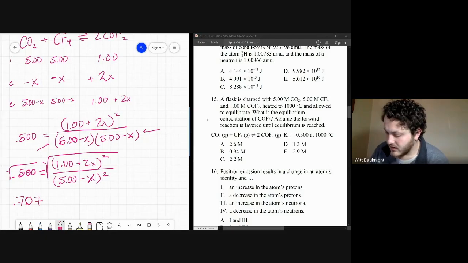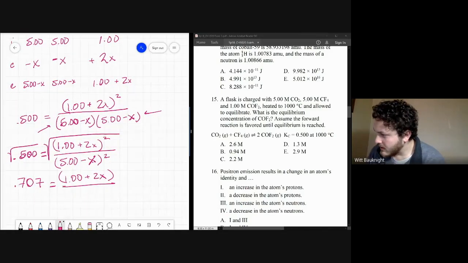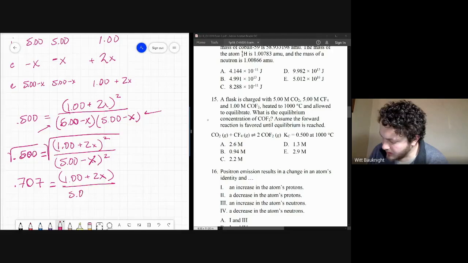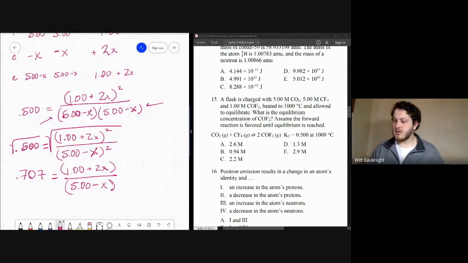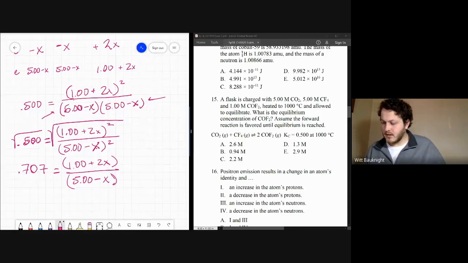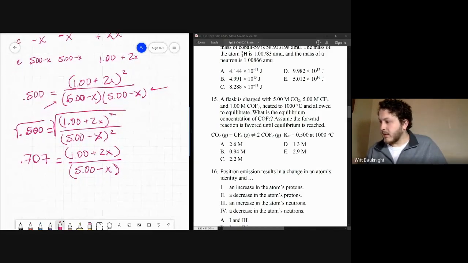And that equals 0.707 equals 1.00 plus 2x over 5.00 minus x. All right, so now it's just a little bit of algebra.